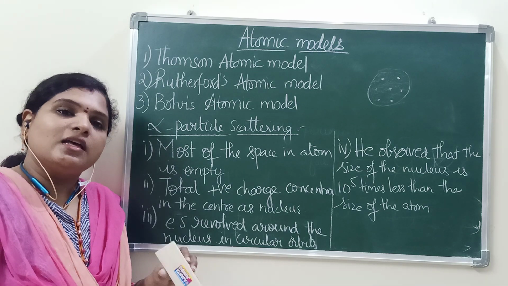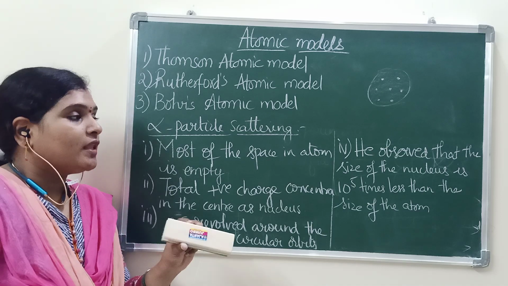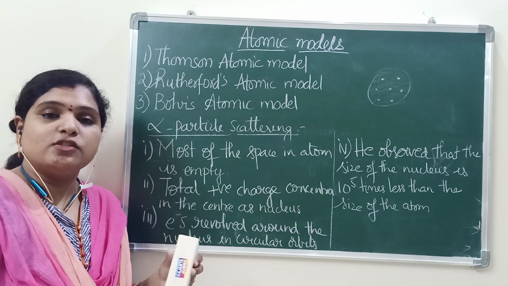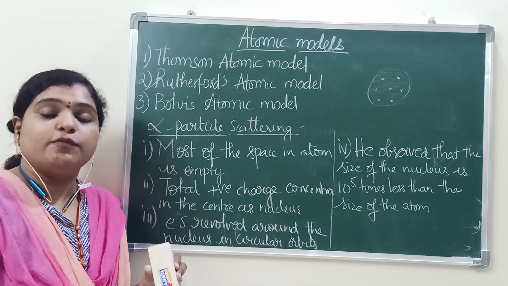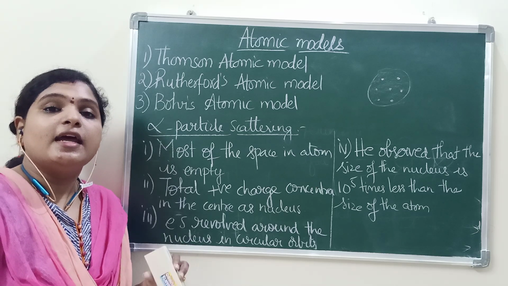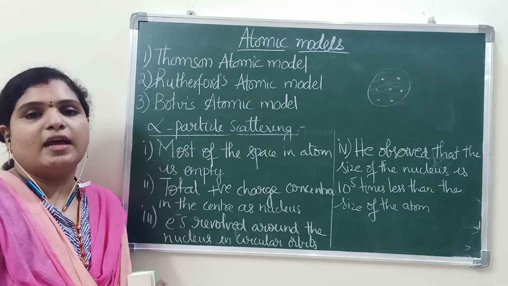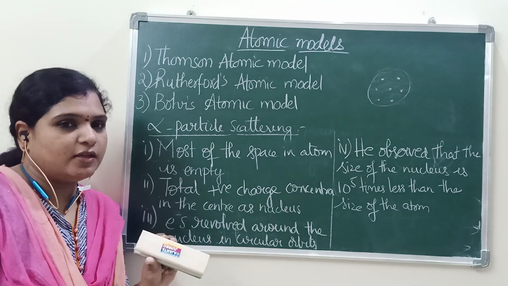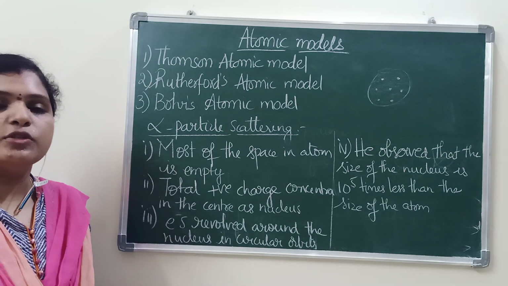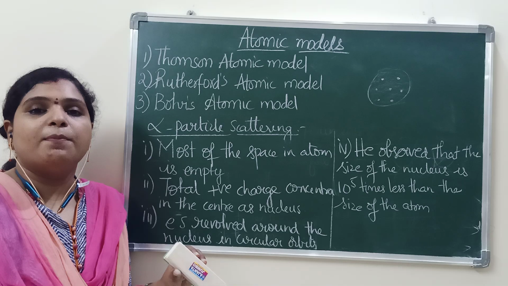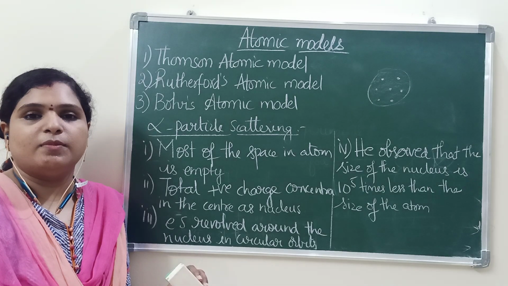That is the third postulate. And fourth, he proposed that the size of the nucleus is 10 power 5 times less than the size of the atom itself. These are the postulates proposed by Rutherford based on his alpha particle scattering experiment.